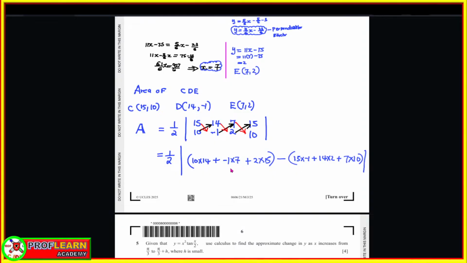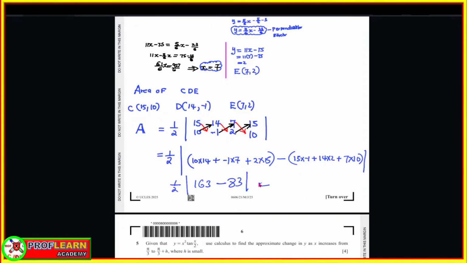So this is going to be 140 minus 7 plus 30. That translates to 1/2 modulus 163 minus 15 plus 28 plus 70, that is going to be 83.